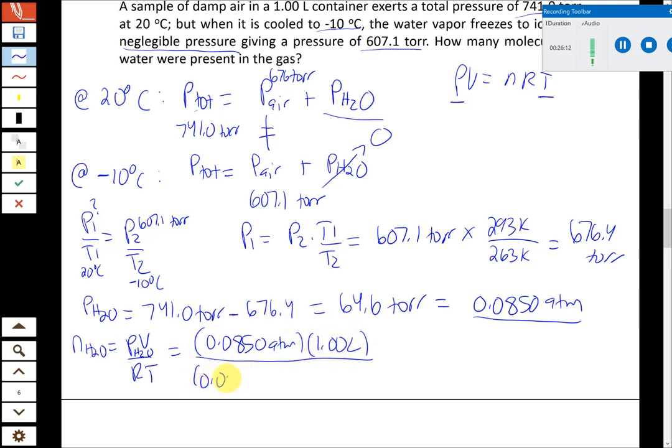And then R is 0.0821 liter atmospheres per mole Kelvin, and the temperature that we determined this at was the higher temperature, 293 Kelvin. So what we get for that is 0.00353 moles of water.